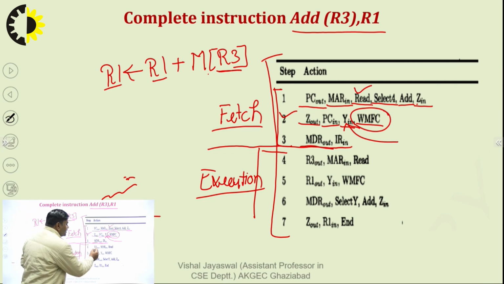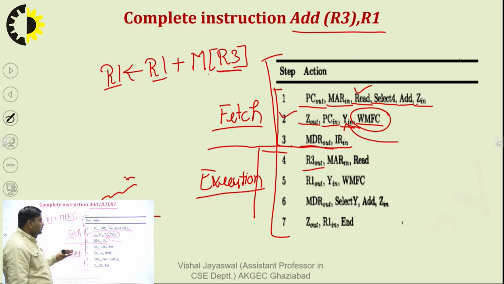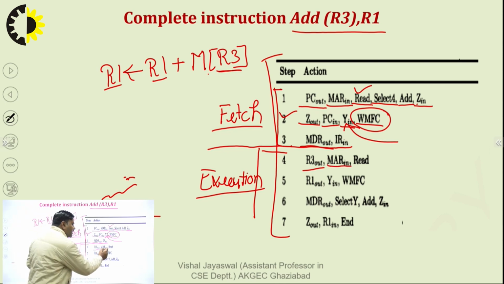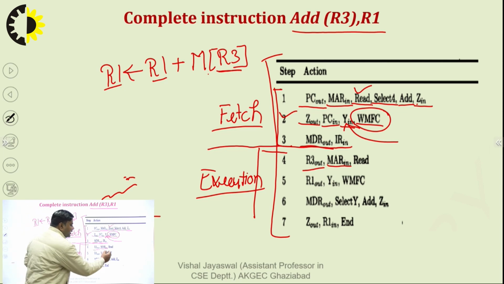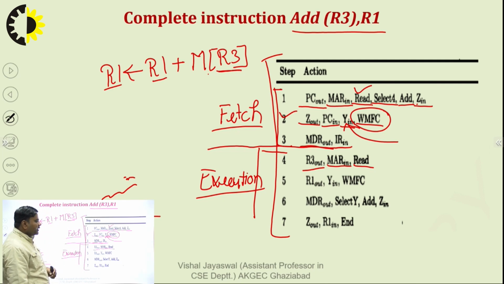For this, we first use the control signal R3 out, meaning the content of the R3 register goes into the internal processor bus. We receive this content in the memory address register, so we use the memory address register control signal MAR in. Then we have to read from the main memory, so we issue a read control signal.